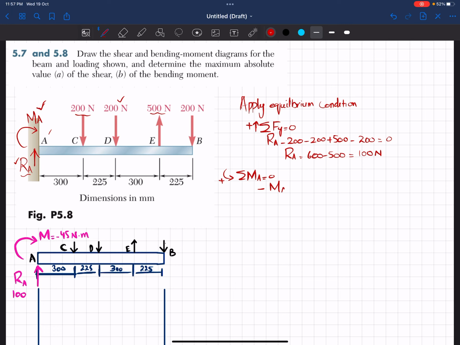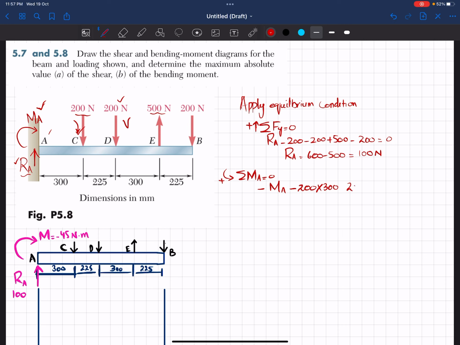The second moment at point A is due to this force at point C. It will be 200 into perpendicular distance 300, and that is producing a clockwise moment. Clear?